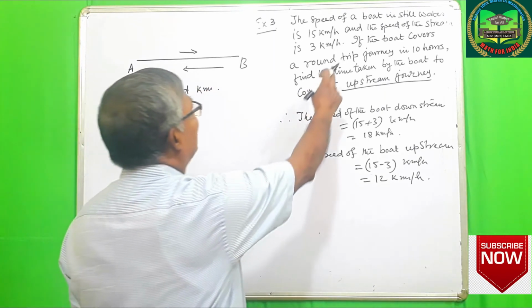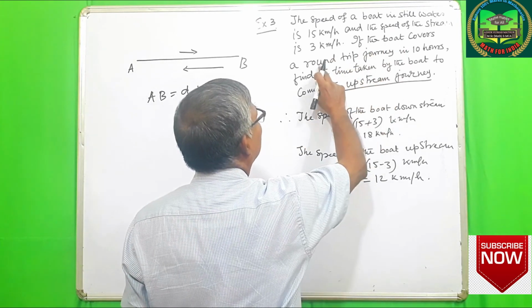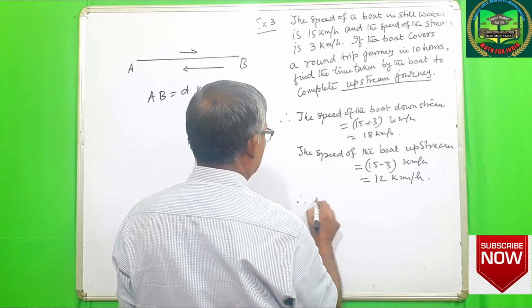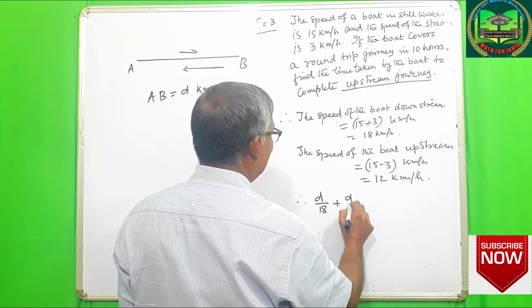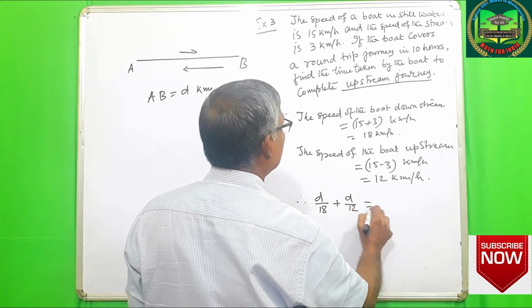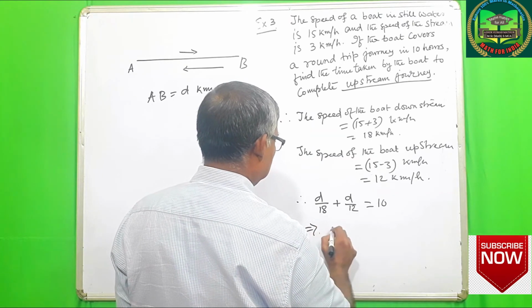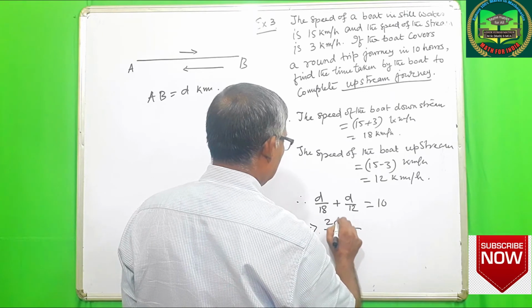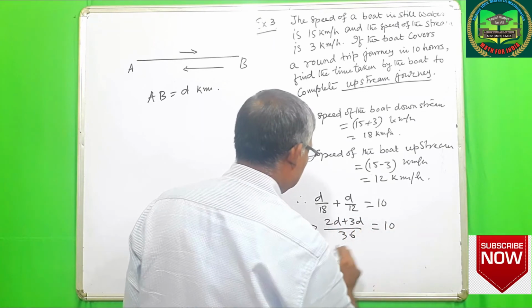Therefore, as per given condition, the boat covers a round trip journey in 10 hours. Therefore, d by 18 plus d by 12 equal to 10 hours. That is, it is 36, 2d plus 3d equal to 10.